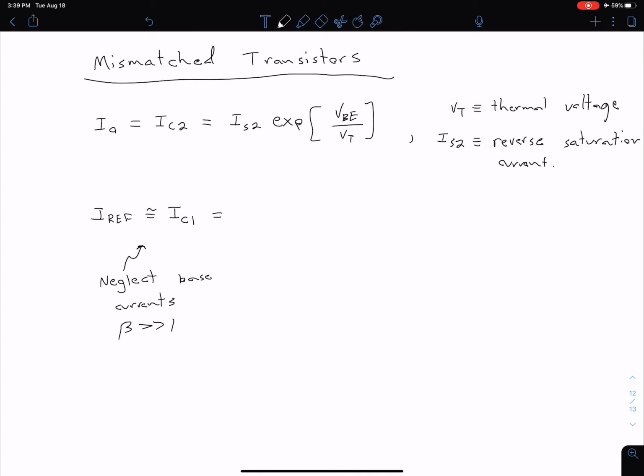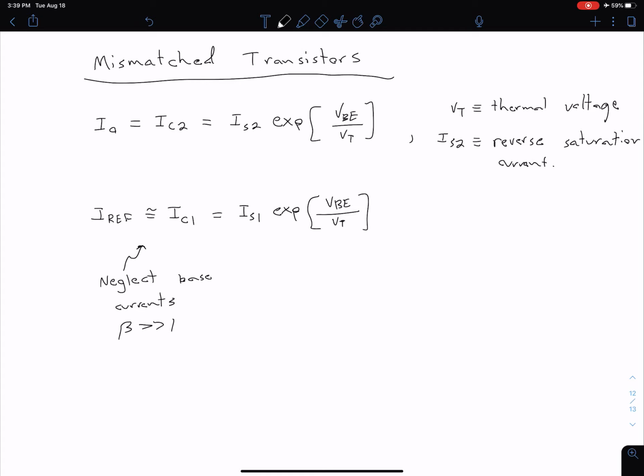So we know that collector current I1 is equal to IS1, where IS1 is the reverse saturation current for Q1, times the exponential of VBE divided by VT, which is again the thermal voltage. Notice I'm using the same VBE because the two transistors still have the same base emitter voltages. So we can combine these two equations.